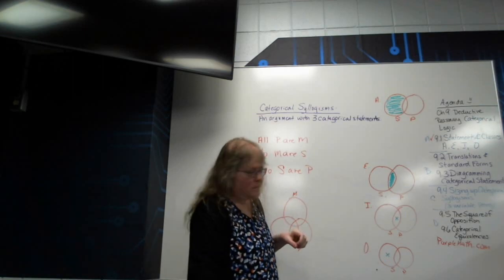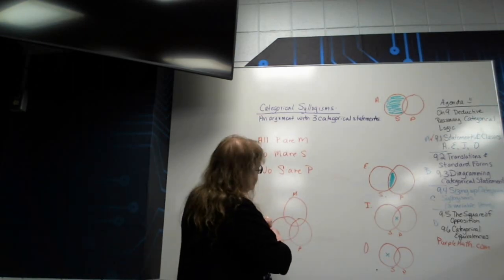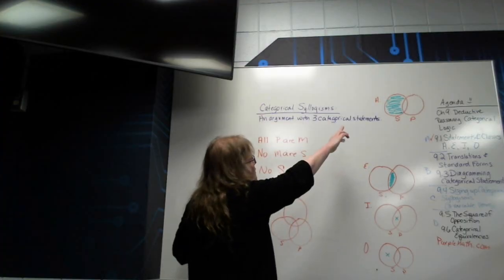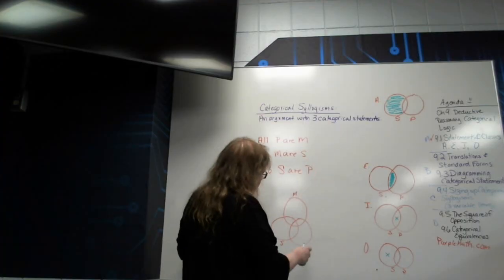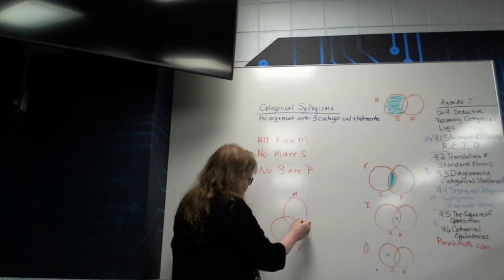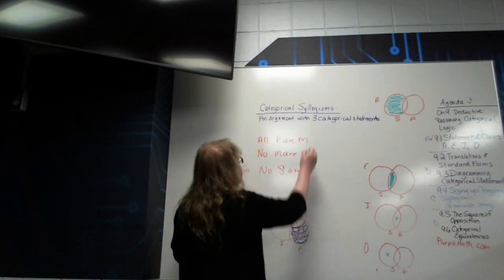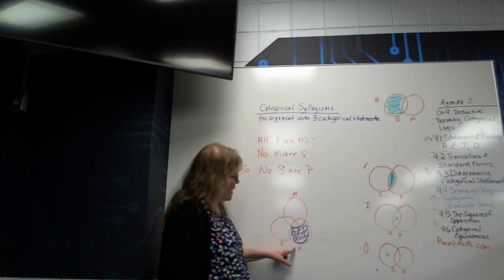Okay, so if I have all P are M, I'm looking at that up there, my A statement, but I'm doing P and M, so I'm doing it this way. Okay, that's what that looks like.